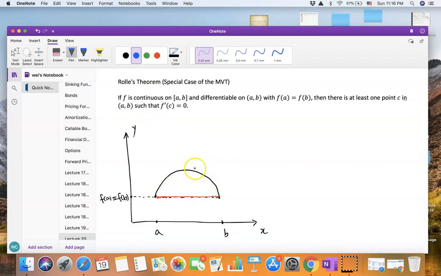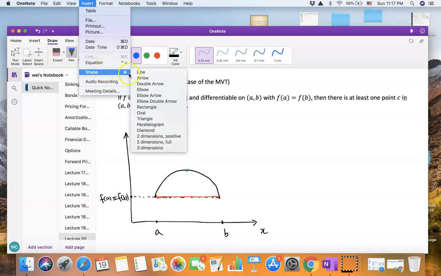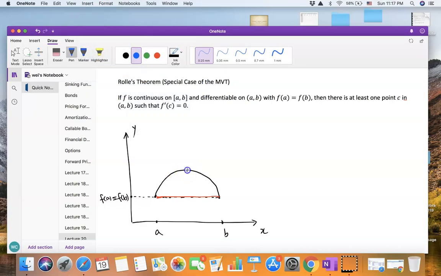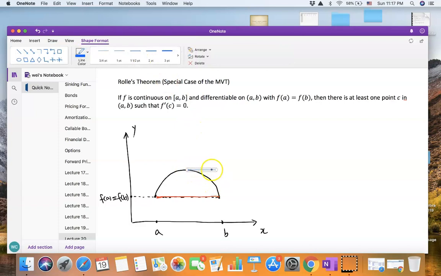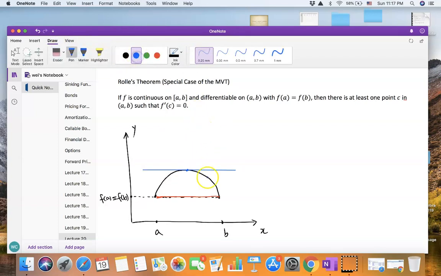In this case, that point is like here. So that is the c.